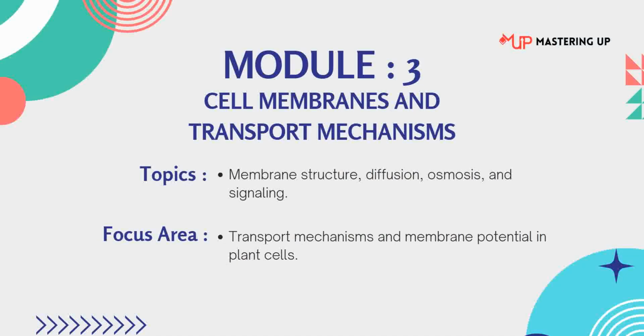Move on to module 3. Module 3 is about the cell membrane and transport mechanisms. This module focuses on the plasma membrane and its structure, which controls what enters and leaves the cell.